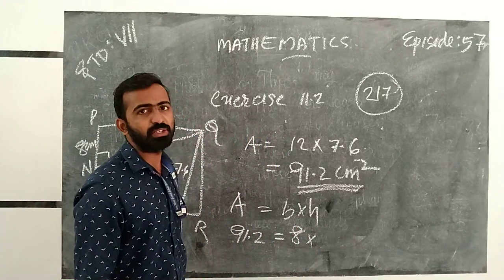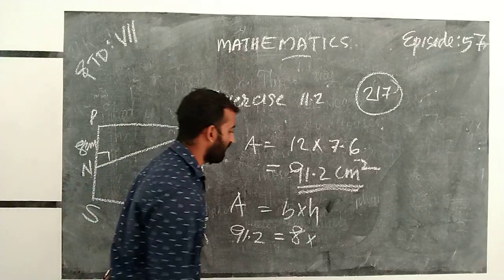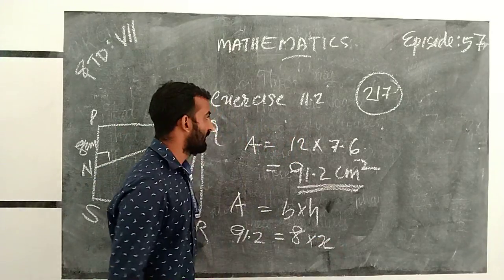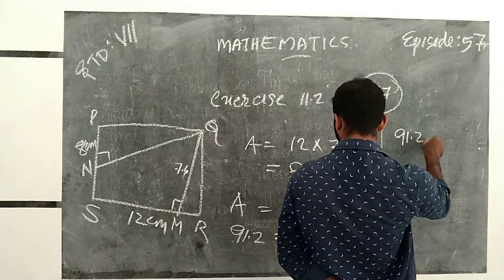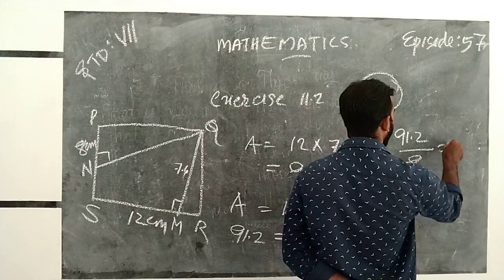We don't know the value of QN, so we put X. We get 91.2 divided by 8 equals X.